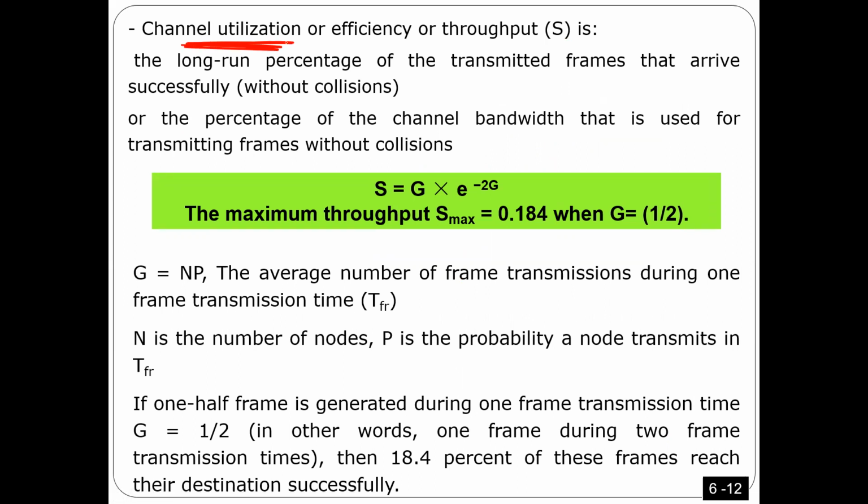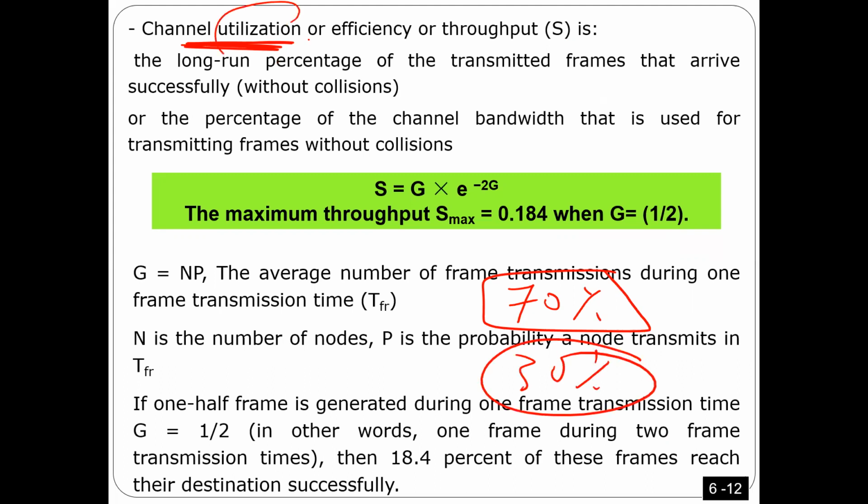If I calculate the utilization of the channel and find it is 70%, it means 70% of the time there was no collision, and 30% of the time there was a collision and I lost. That's why you call it utilization. I was not able to utilize the channel; I didn't use it 30% of the time. You understand what I'm saying? So that's what we call channel utilization.